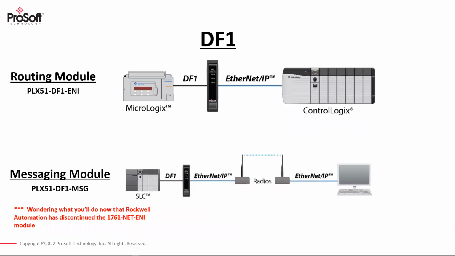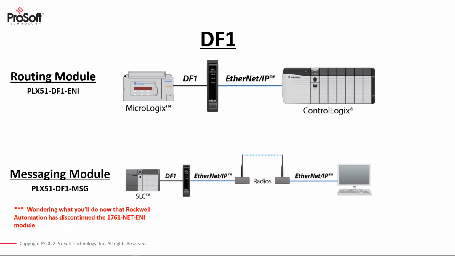You're looking at anything from SLC 504s, some 503s, 505s, as well as the MicroLogix controllers, to be able to communicate from the DF1 port to Ethernet IP. And this is what a sample topology looks like.